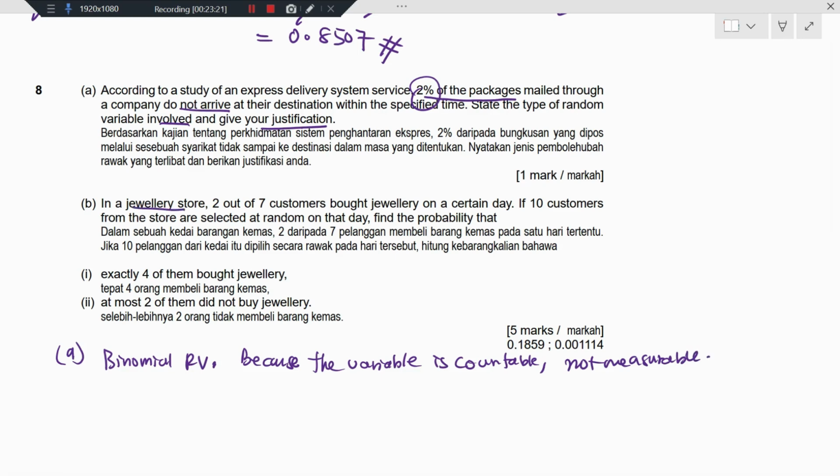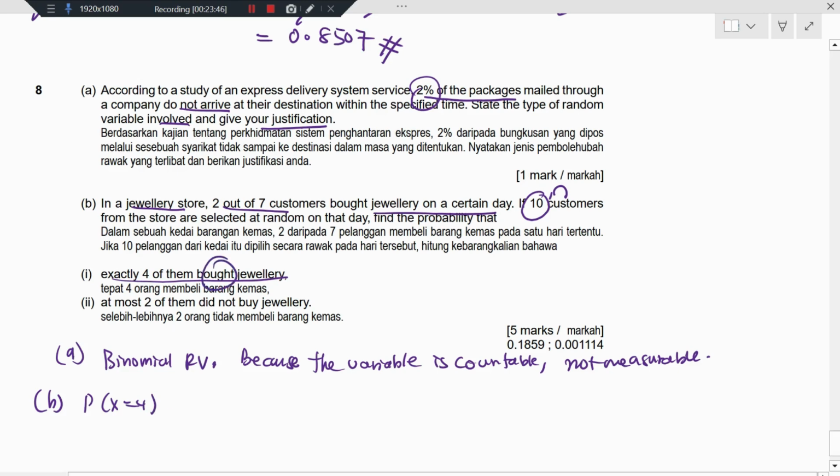In a jewelry store, 2 out of 7 customers bought jewelry on a certain day. Okay. If 10 customers, confirm binomial; if normal distribution, they will tell you normally distributed. So if 10 customers from the store are selected at random on a day, find the probability exactly 4 of them bought the jewelry. So they're asking probability x equals 4. So at here, question B1. Your probability of people who bought jewelry is 2 over 7. Your Q should be 5 over 7.